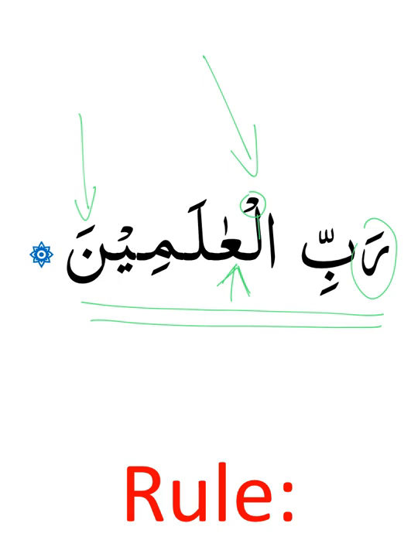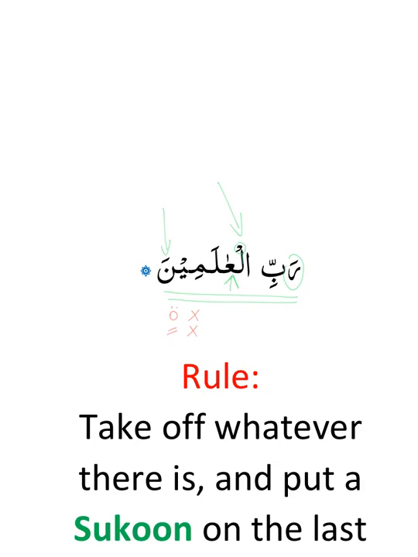So let's look at the end of the word. How does it end? Does it end with a round ta? No, it doesn't. Does it end with two fathas? No. Does it end with alif? No. Does it end with a standing fatha? No. So what do we do? This is the rule. The rule is very simple.